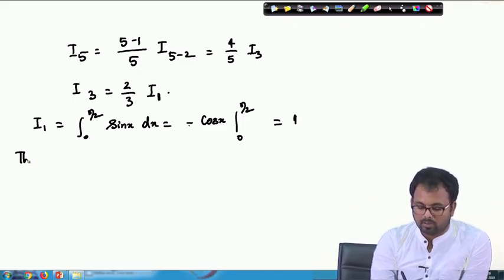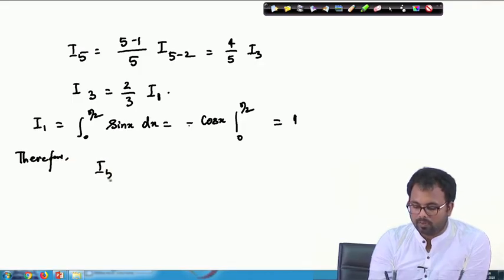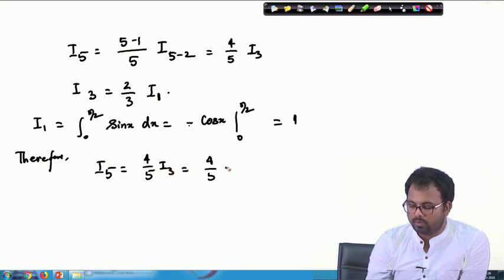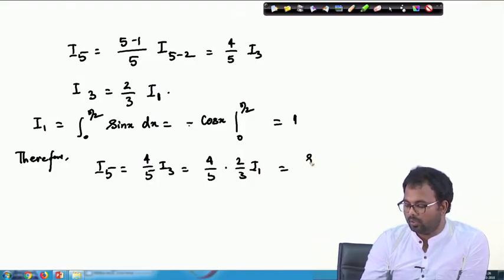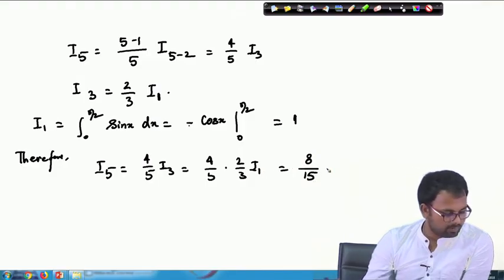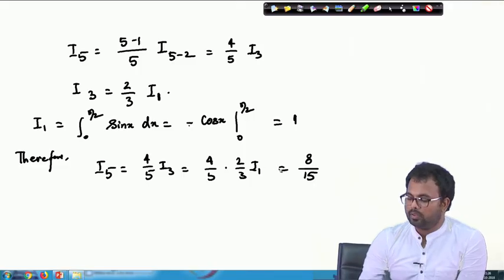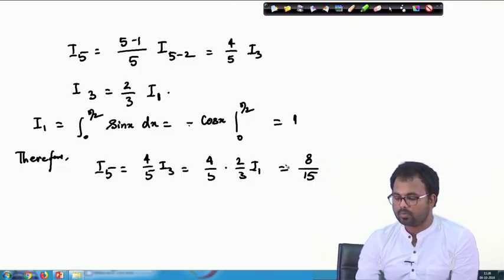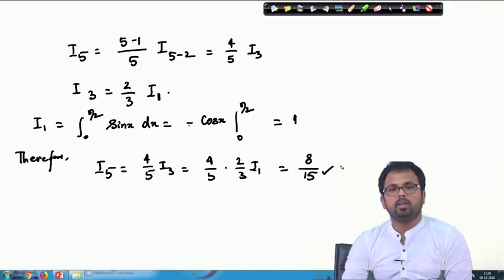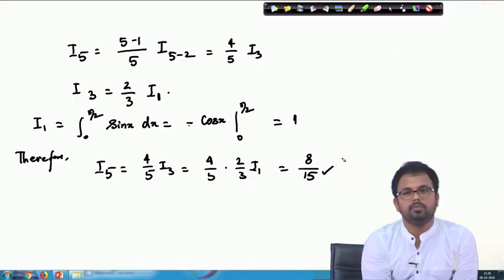Therefore our I5 is 4 by 5 times I3, which is 4 by 5 times 2 by 3 times I1, and this will be 8 by 15 because I1 is 1. So this is our required answer to this reduction formula.